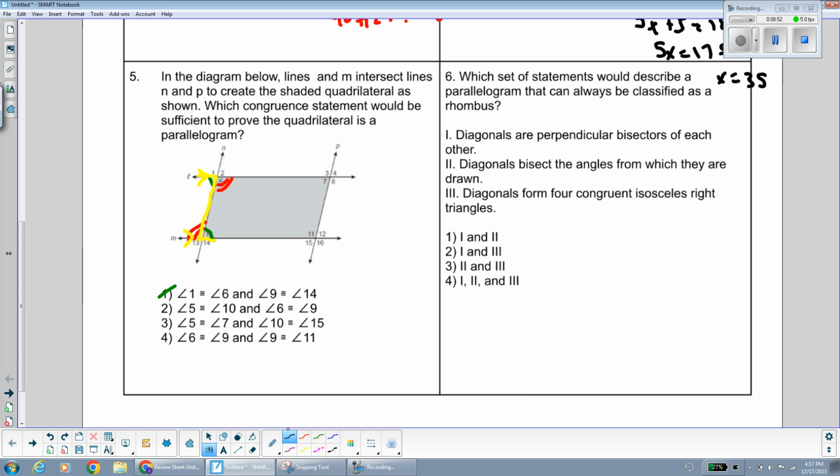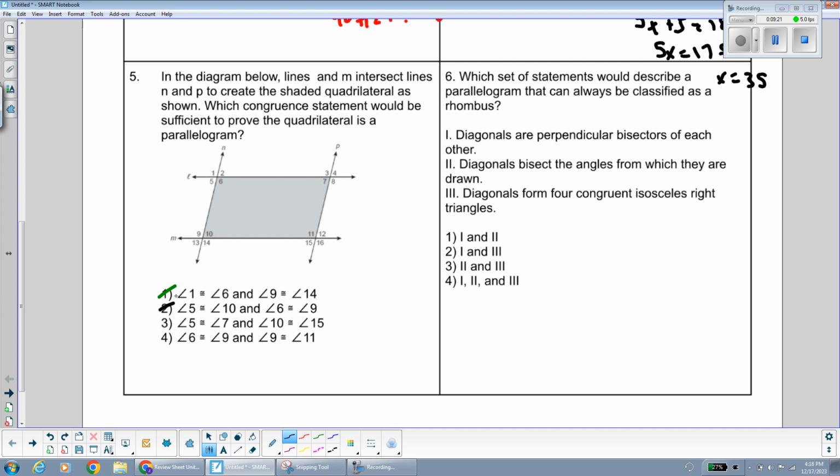And then we have our other set of alternate interior angles, but they're also formed by the same lines L and M. So here, since both of those sets of alternate interior angles are formed by lines L and M, all we have information here to show is that L is parallel to M. We don't have information about the other set of sides being parallel. So this is not enough to prove that we have a parallelogram, but we're getting closer.